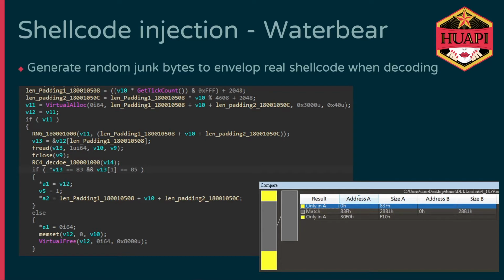Before preparing the real shellcode, the loader first generates two numbers indicating the length of padding before and after the shellcode. Finally, it decodes the shellcode and writes the result to the designated location between the padding data. This padding makes finding the shellcode more difficult and may help avoid detection.